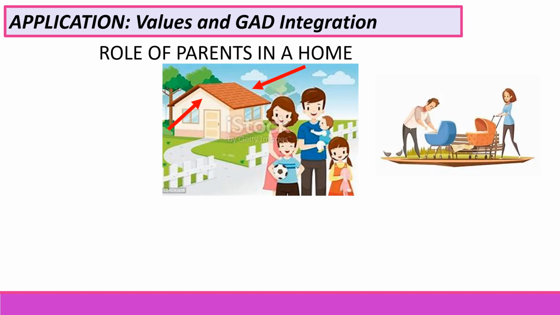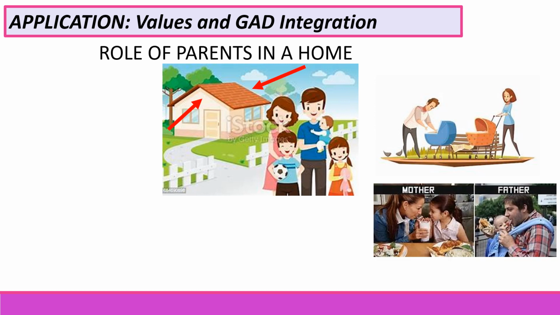So, dapat pareho ang mama at ang papa ay mag-alaga ng mga anak. So, hindi ibig sabihin na babae ang nagbuntis, siya lang ang mag-alaga ng anak. So, both parents should give an equal time nila sa pag-alaga ng kanilang mga anak.